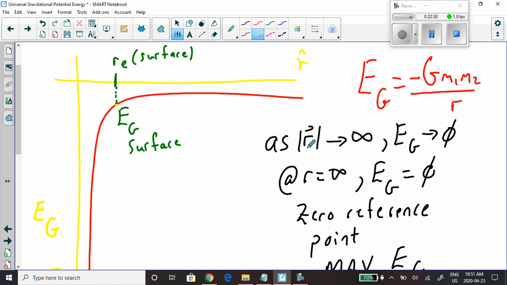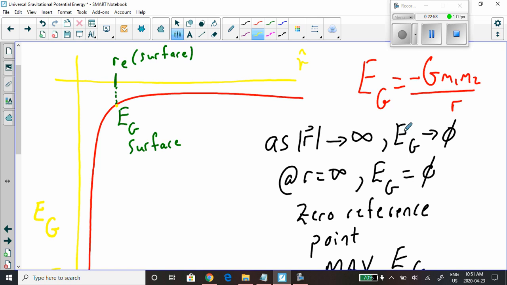As r approaches infinity, so as you get further and further away from the object that we are investigating through its gravitation, the gravitational potential energy approaches zero. So look, r gets bigger and bigger and bigger, and this approaches zero. It's like an asymptote.